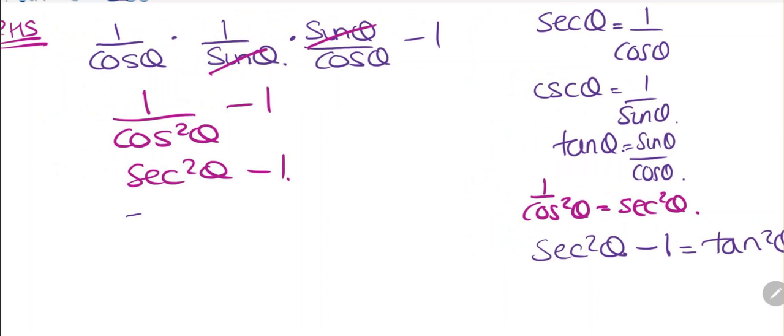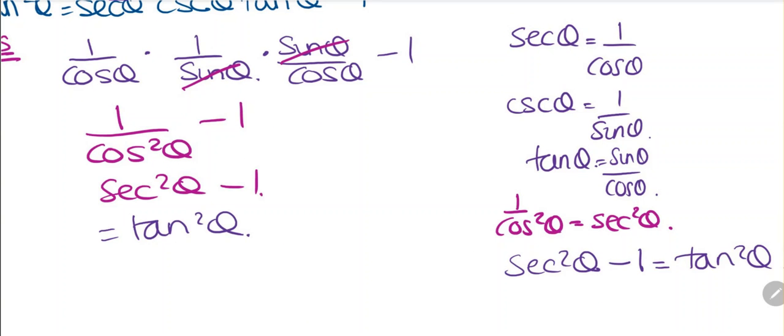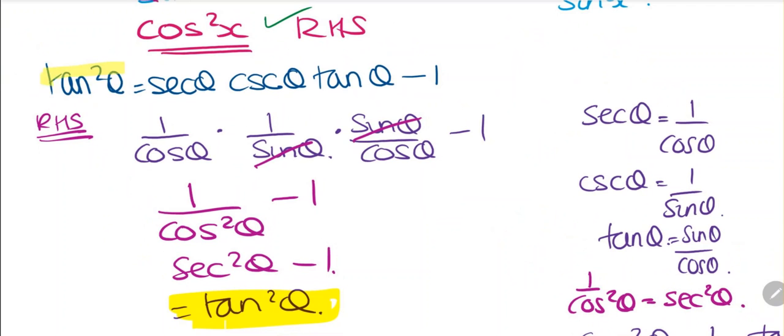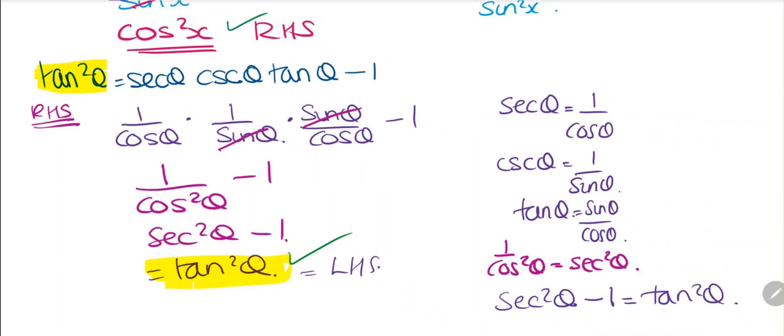So I can rewrite this as tan squared theta. Now if I look at this here, this is my left hand side. So we can say that we verified.